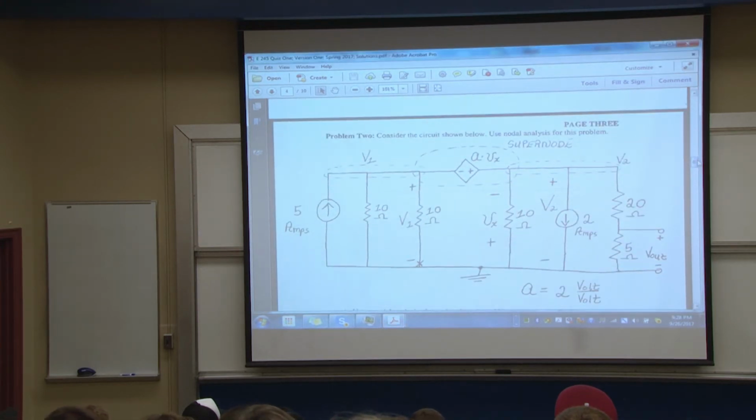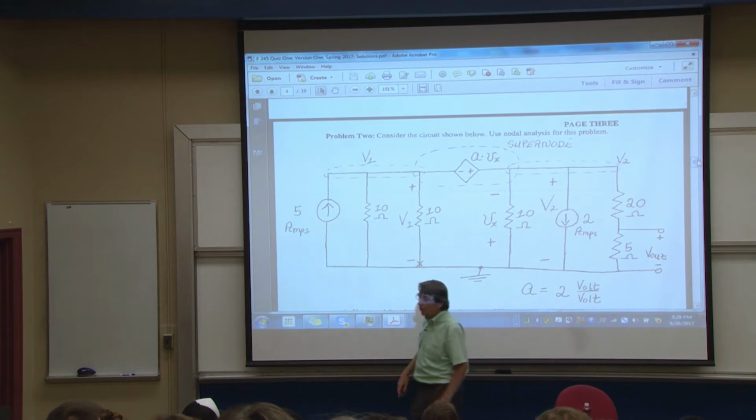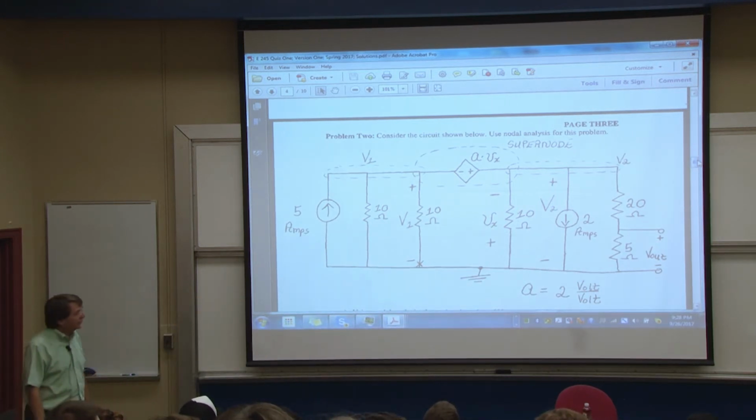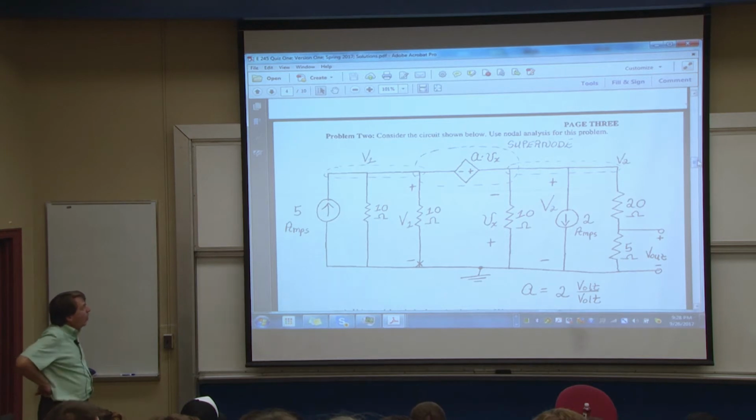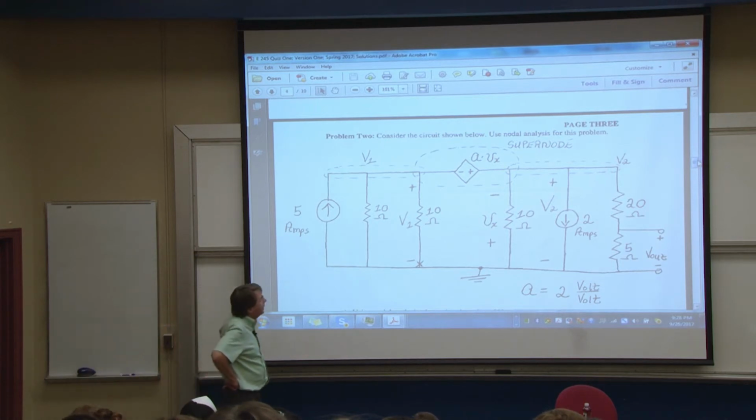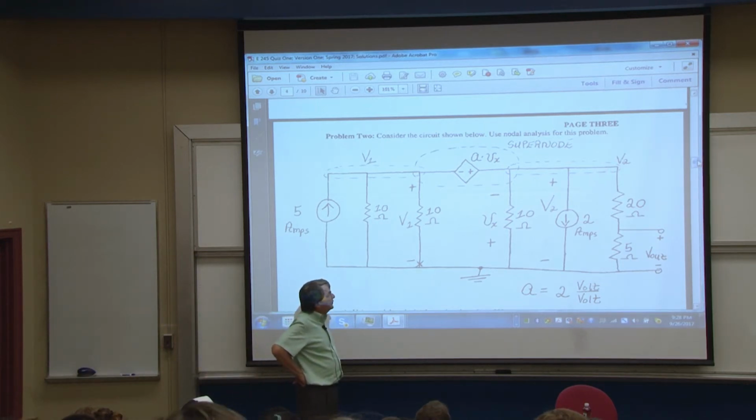All right. Notice what I did here. All the dotted lines are added. You got to add them if you want to solve it this way. So I called the node on the left V1. I clearly identify the supernode. And on the other side is V2.